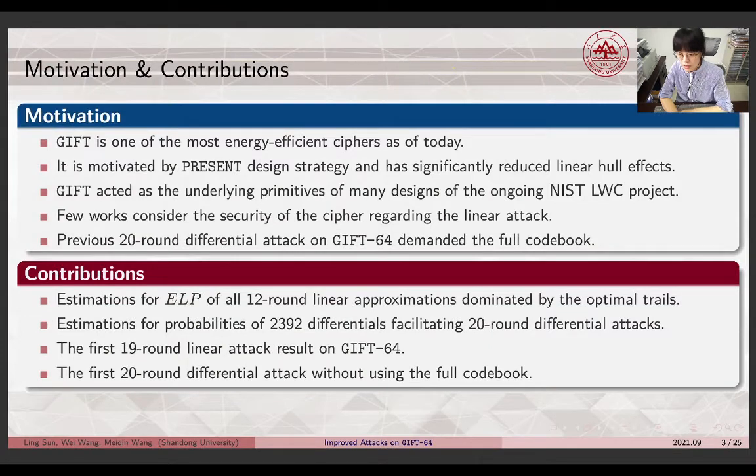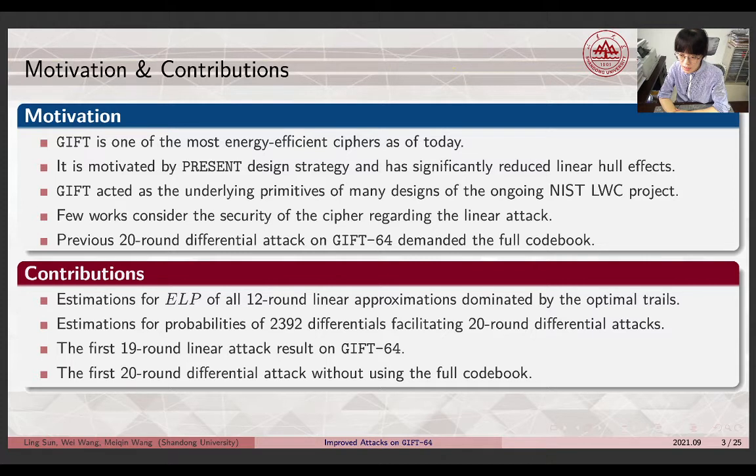So let's start with the first part. GIFT is a lightweight block cipher motivated by the PRESENT design strategy. Its comprehensive treatment of the linear layer and the S-box makes it one of the most energy-efficient ciphers as of today.